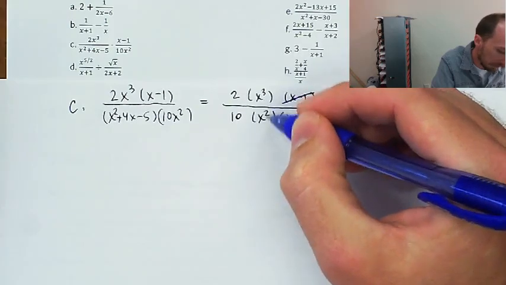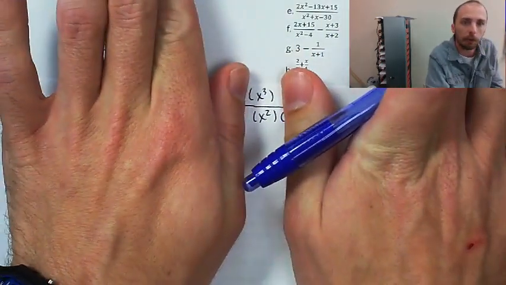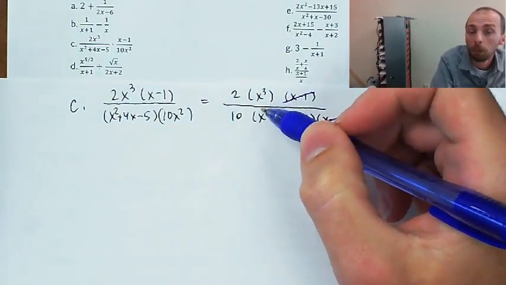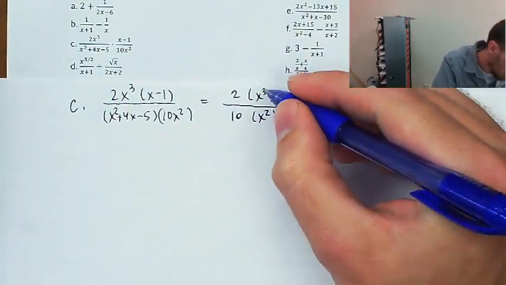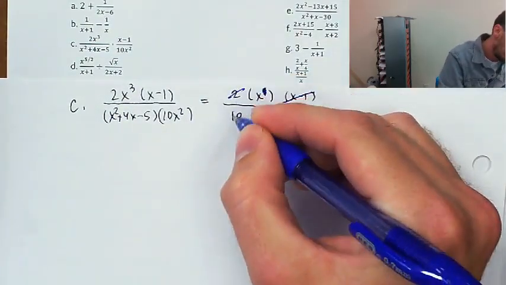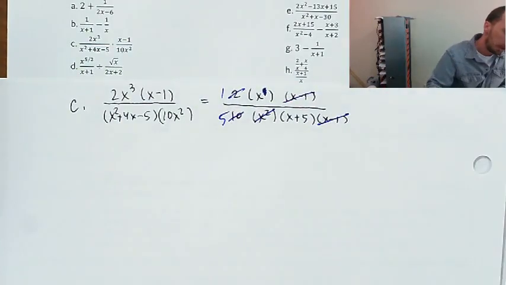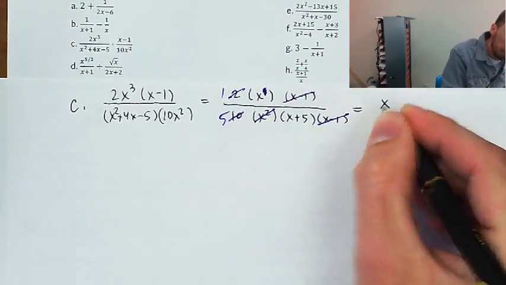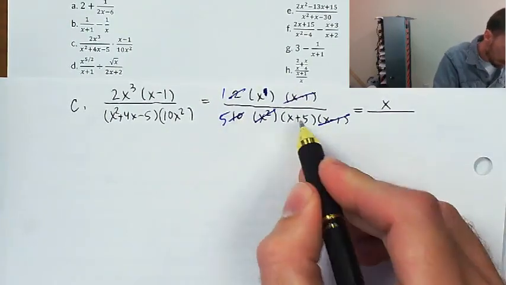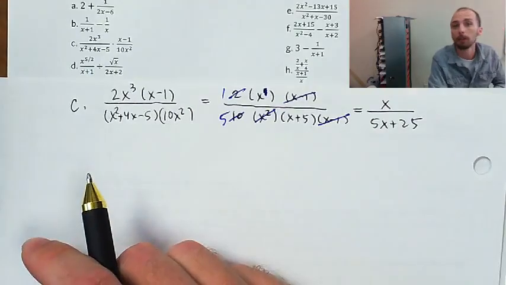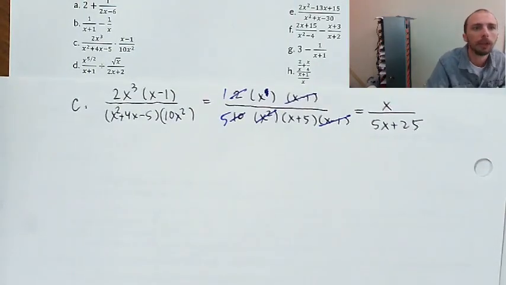I would subtract the exponents in that situation, and that's really what we are doing. x cubed divided by x squared, that's just 1 power of x left. And then 2 over 10 is 1 over 5. So I've got 1x in the numerator and a 5 times x plus 5, so that'll be 5x plus 25 in the denominator.